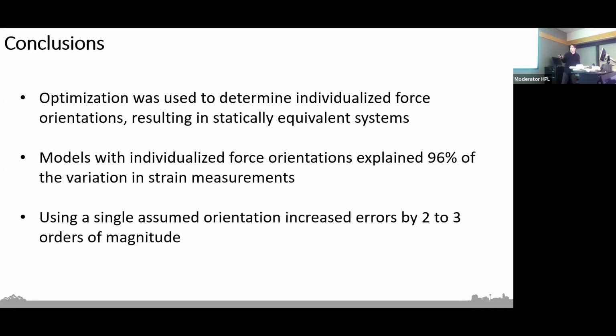Now, one thing that we do recognize is that it's not always feasible or possible to use an experimentally informed approach to developing these FE models, particularly for in vivo studies. There may be ethical or logistical constraints to mounting strain gauges on a bone while the rabbit is alive. And so we do have some future work to try to address this.